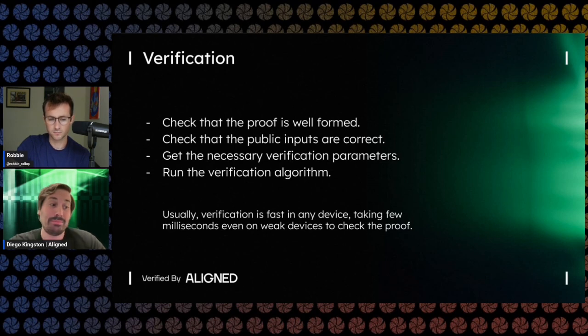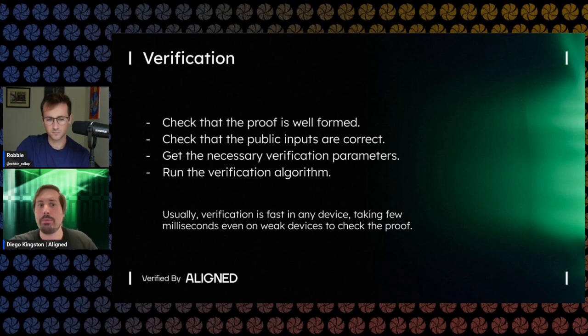You may have to, for example, recover some verification parameters like a verification key or some information on the program you're running. For example, it can be the hash of the program or even the program's code. And after that, what you do is you run the verification algorithm, which is more or less like the previous case.